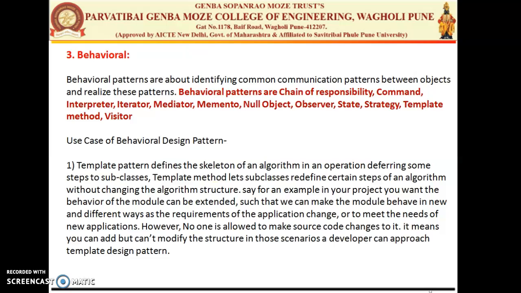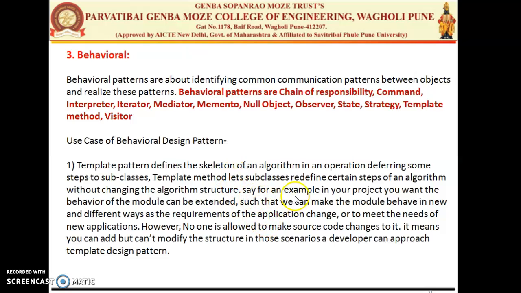Same as in the behavioral pattern, we need to change only and only the algorithm steps which do not directly impact our algorithm structure. Here you can see the line: the template method lets subclasses redefine certain steps of an algorithm without changing the algorithm structure. We are not changing the structure, just some steps.